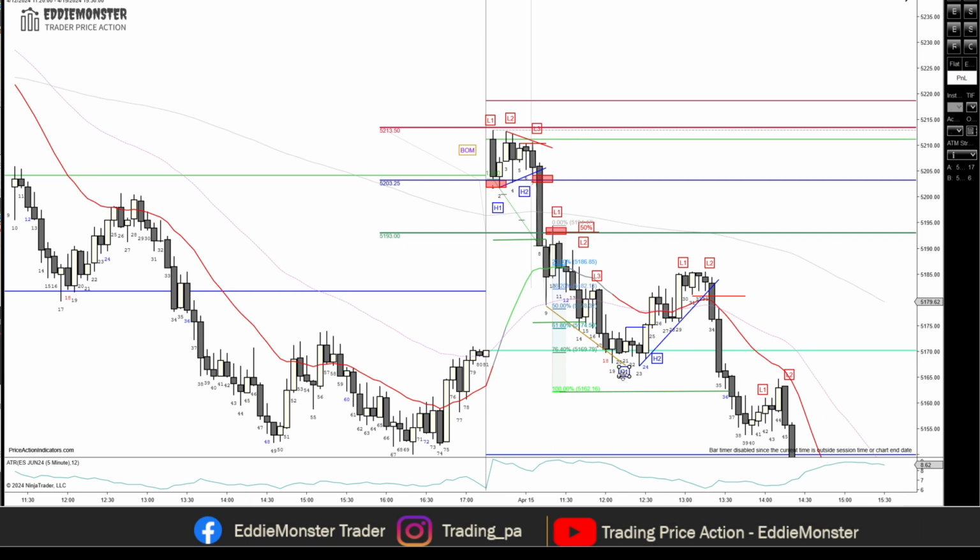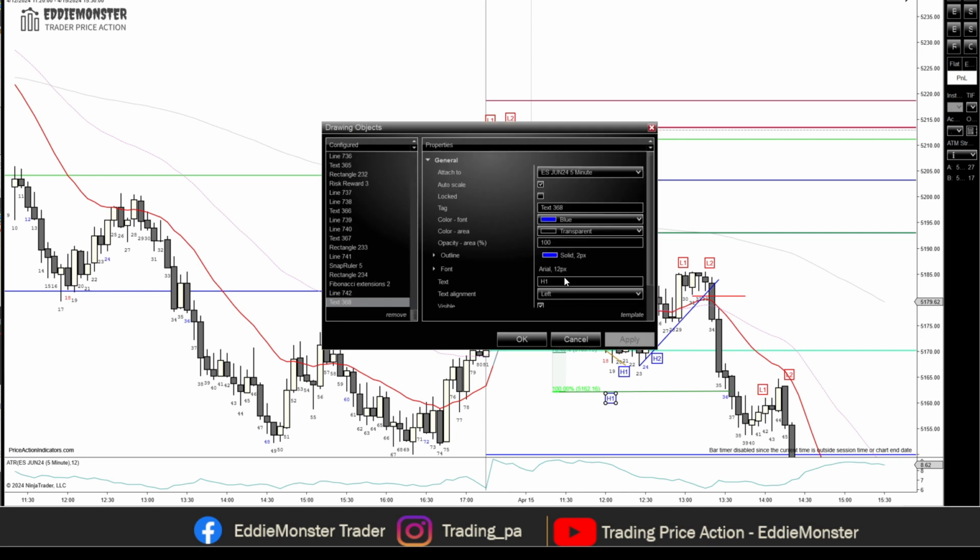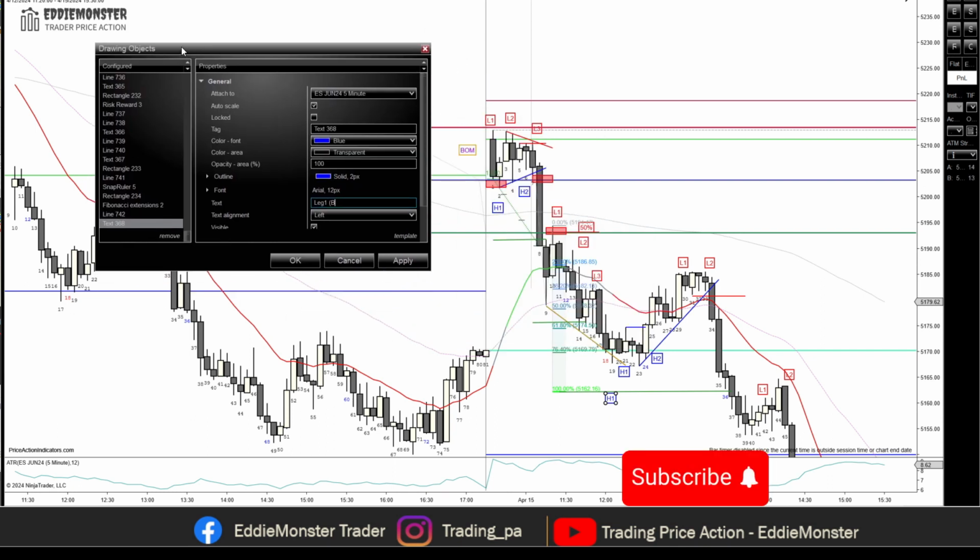So let's say that this is the target of leg 1 in B7, leg 2 will be B20, B10. Okay, so that's the main target that we have for the day.